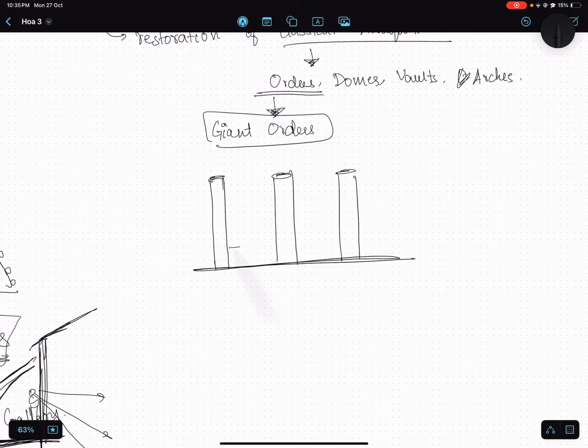Like this could be your three-story building and the columns could go extremely high.